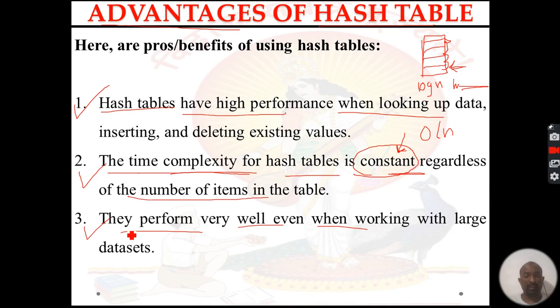So that's why the advantage mentions they perform very well even with large data sets. It works for small as well as large data sets, but an array only operates with small data sets. If it is a large data set, then array is not efficient.